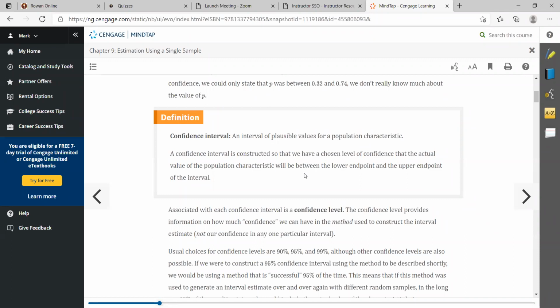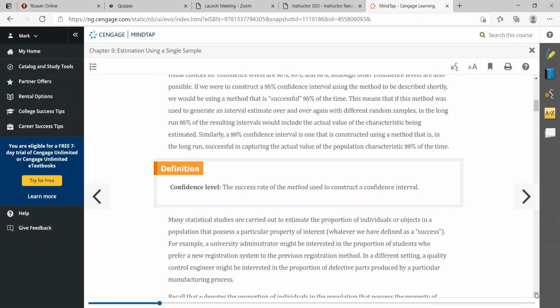That's a general formula for a confidence interval. It is the point estimate plus or minus the margin of error. The point estimate is easy because it's either given to you in any problem or you calculate it. It's either going to be the sample mean or sample proportion. The margin of error is something that we need to know about.